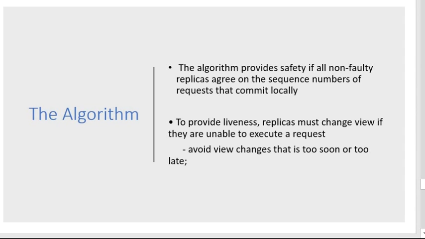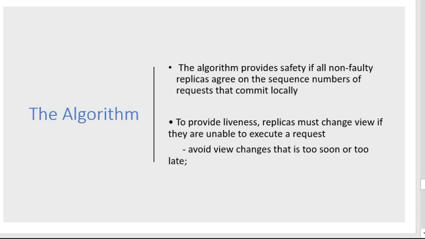The algorithm provides safety because faulty replicas will not enter into the commit stage. So all non-faulty replicas agree on the same sequence number of requests that commit locally. That means only the non-faulty processes will enter into the critical section.